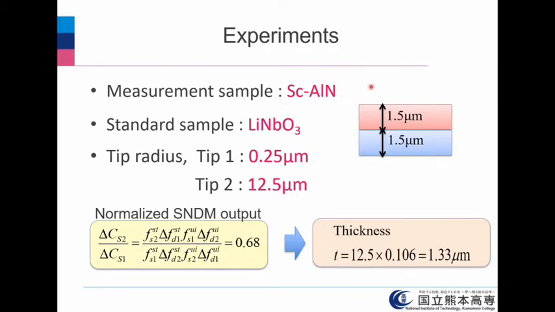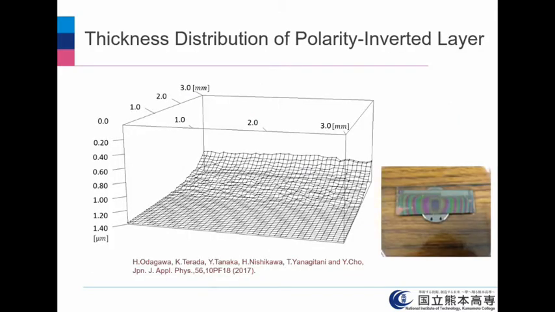The structure is here. We get the value of 1.33 micron by this method. This value is almost the same as the actual value. A feature of this measurement is that we can measure the distribution of the thickness like that.